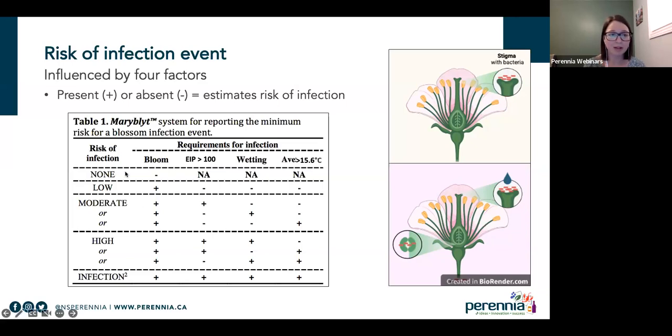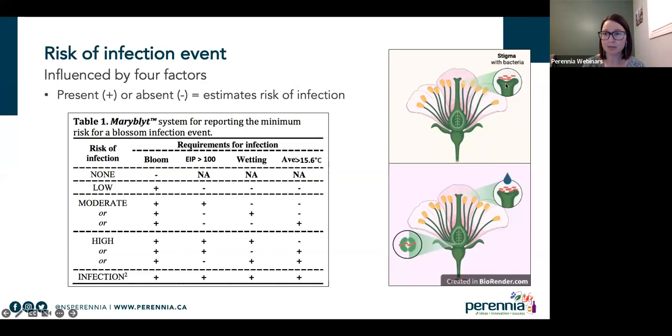So if you don't have blossoms, of course, there's no risk of a blossom infection, but as soon as you do have a blossom, then it's considered to be a low risk. And then if you have a blossom and another one of those remaining factors, then it's moderate, and so on until all 4 factors produce an infection.